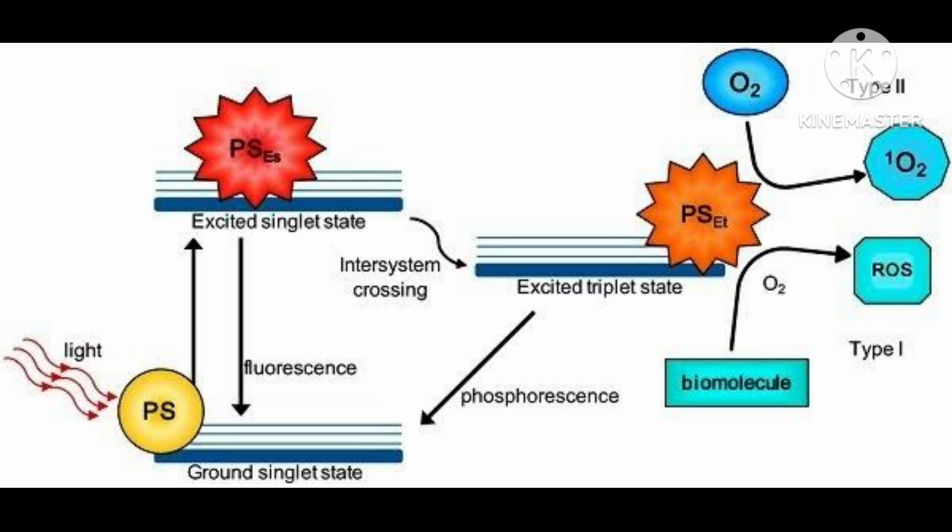Visible radiation has a little more wavelength, 400 to 750 nanometer, so its energy is less than UV. And infrared radiation, from 750 to 2500 nanometer, has even more wavelength, which means energy is further less.